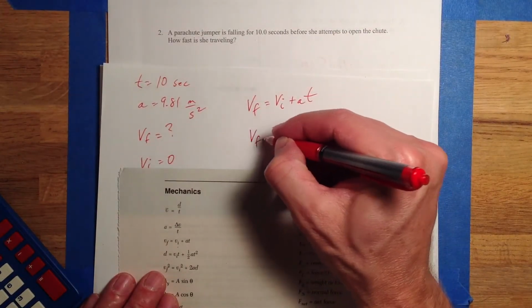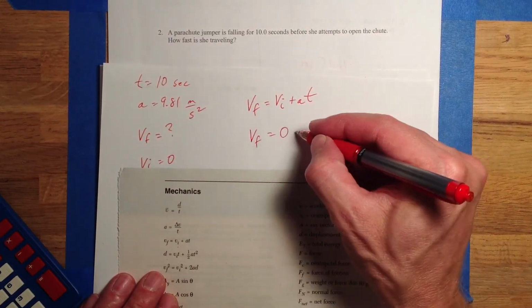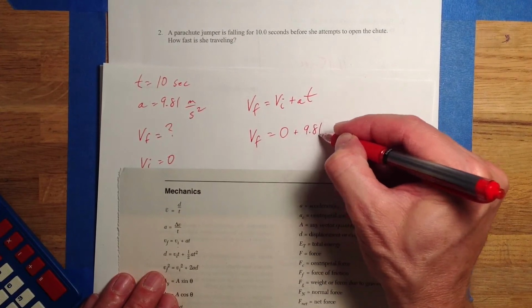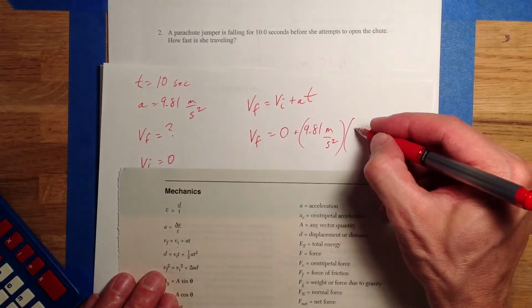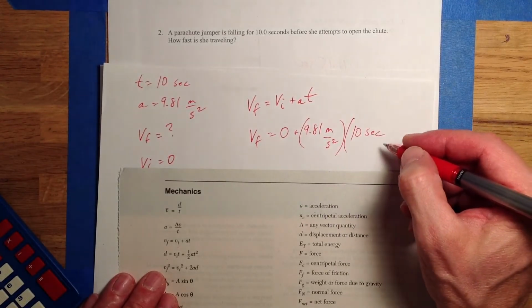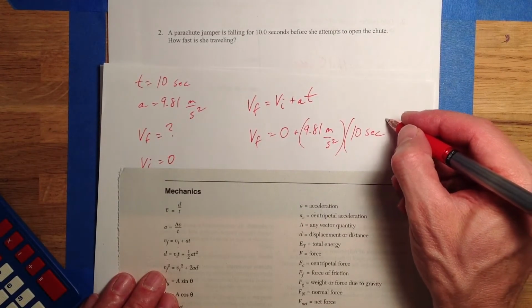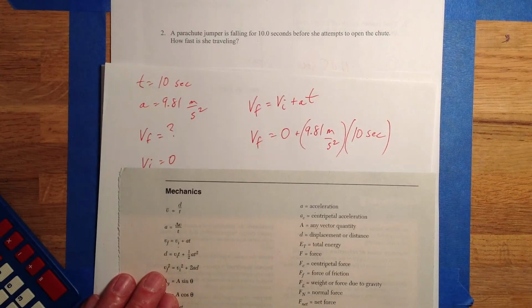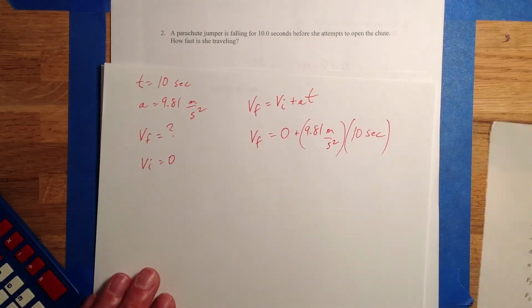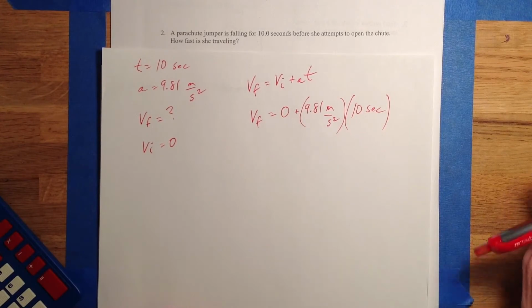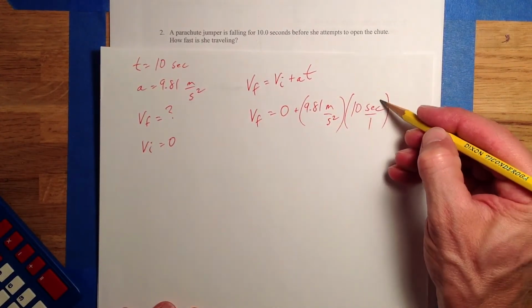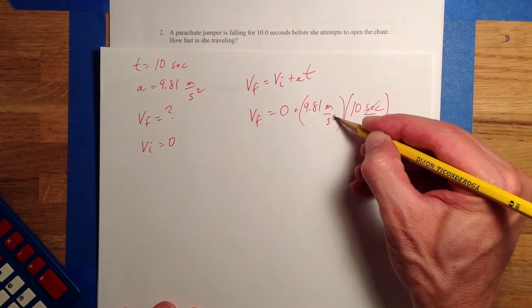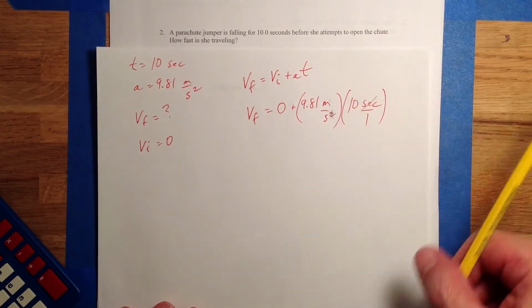So VF is initial velocity in the vertical direction, which is 0, plus 9.81 meters per second squared, times 10 seconds. Okay, and I just have to think about the units here. This second will cancel out with the squared, so I still have a meter and a second, which makes sense to me.